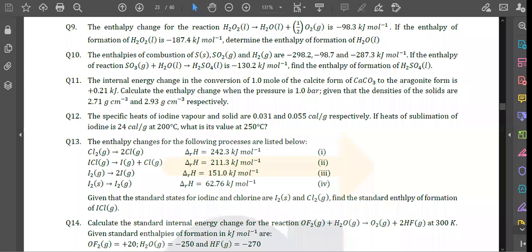Wait, I'll just shift this in OneNote. Okay, so I'll start with question number 9.